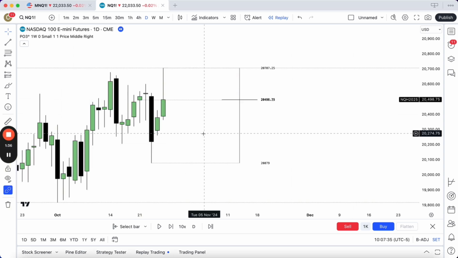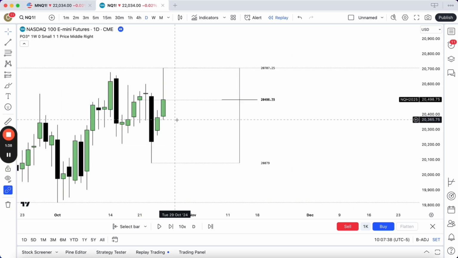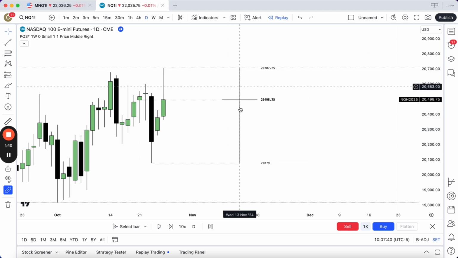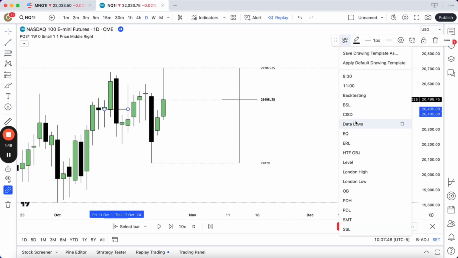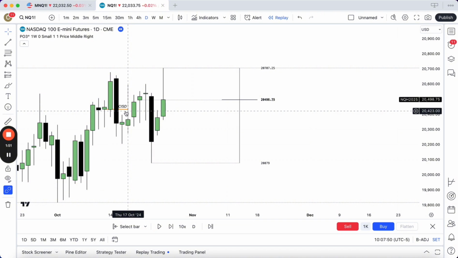So right here, this is an example on the daily time frame. We're using the weekly candle right here, and we are actually bearish because price just changed the state of delivery on the daily time frame to the downside. So we are anticipating a what? An open high low close, which is the bearish candle formation.